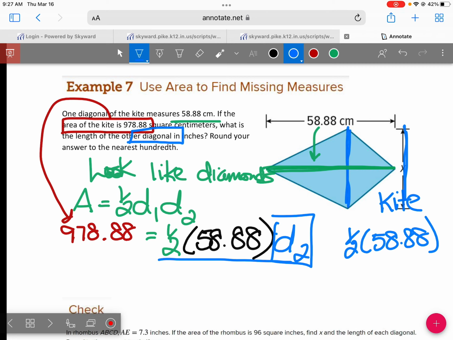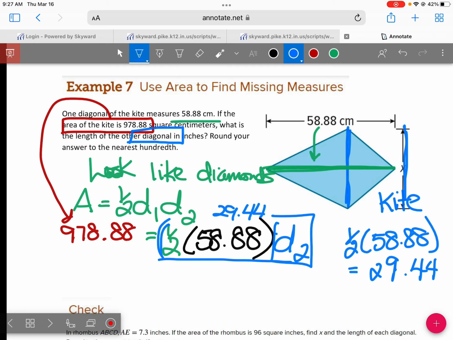So on your calculators, everybody, take 1/2 times 58.88. What do we get? 29.44. Yes, 29.44.